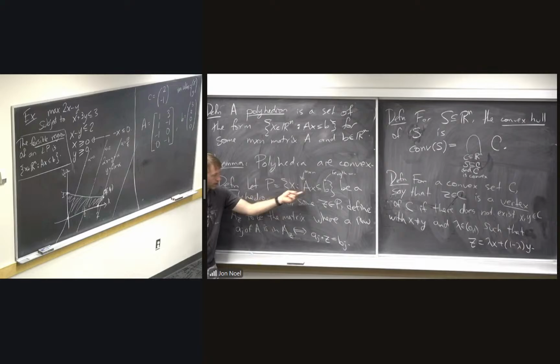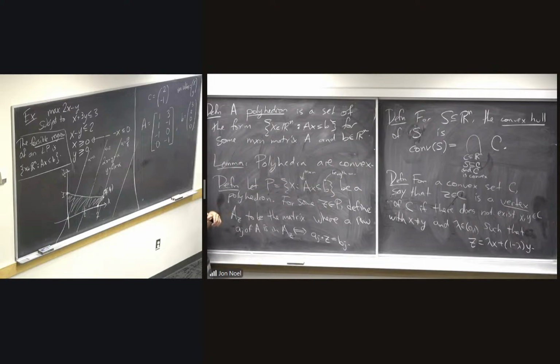So I've got n variables and m constraints, and those are all inequality constraints. If I pick some z in P, some of those constraints might be strict inequalities, and some of them might be equalities.